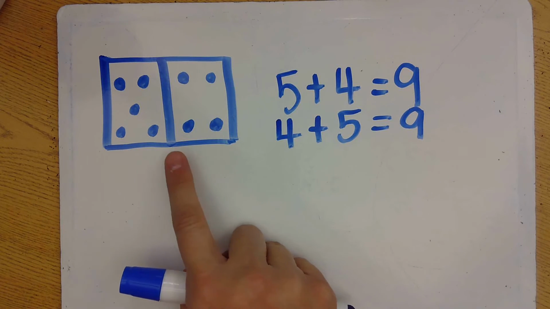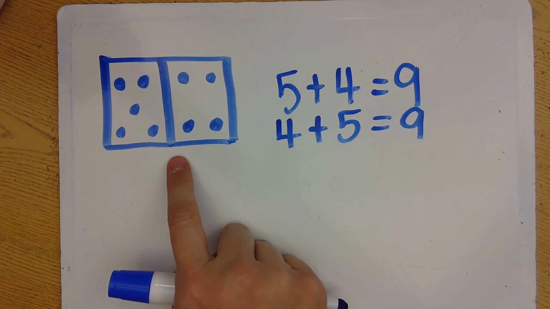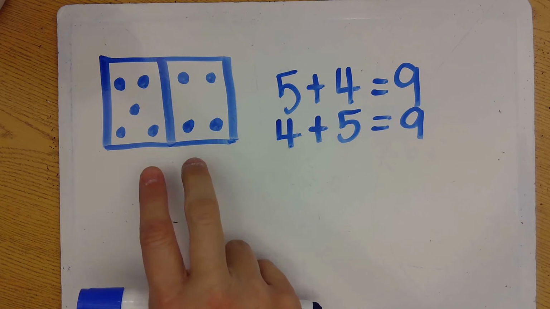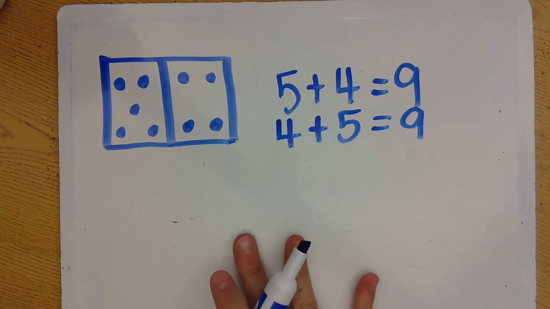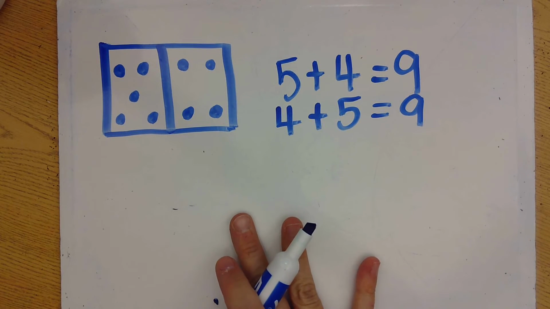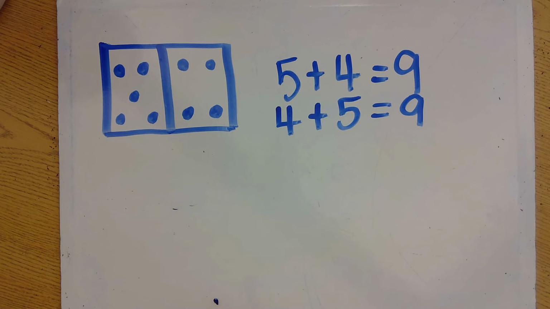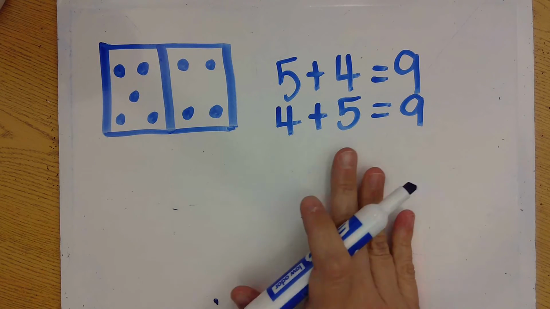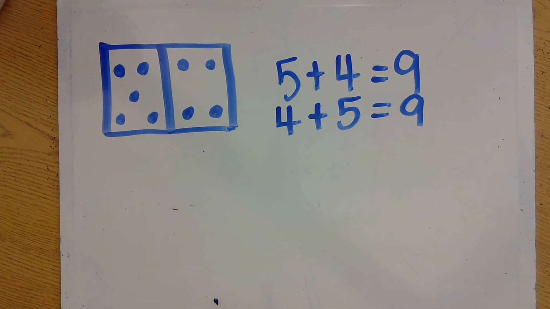Not only one subtraction problem, but we can also come up with 2 subtraction problems based on just this one domino. We're starting to get into what we call fact families. So we're going to be kind of putting this little domino into a family, making a little family of number problems out of this domino.